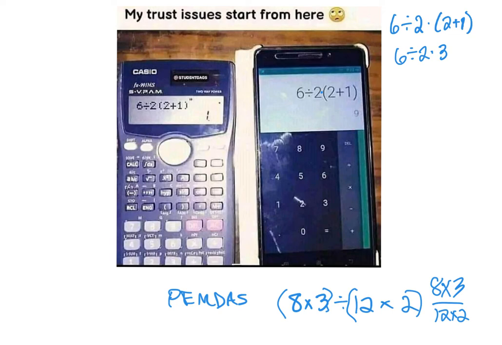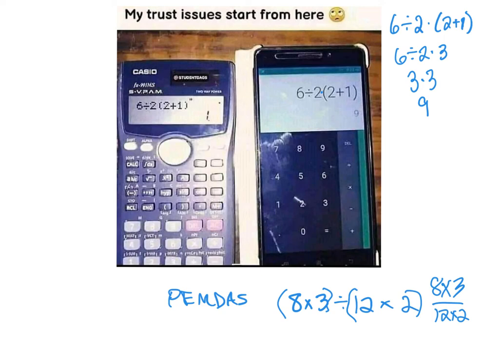And then left to right, we divide and then multiply and get 9. So that's how the phone calculator is getting 9, because it's been programmed to understand PEMDAS as we teach it in basically middle school math and early algebra and things like that.